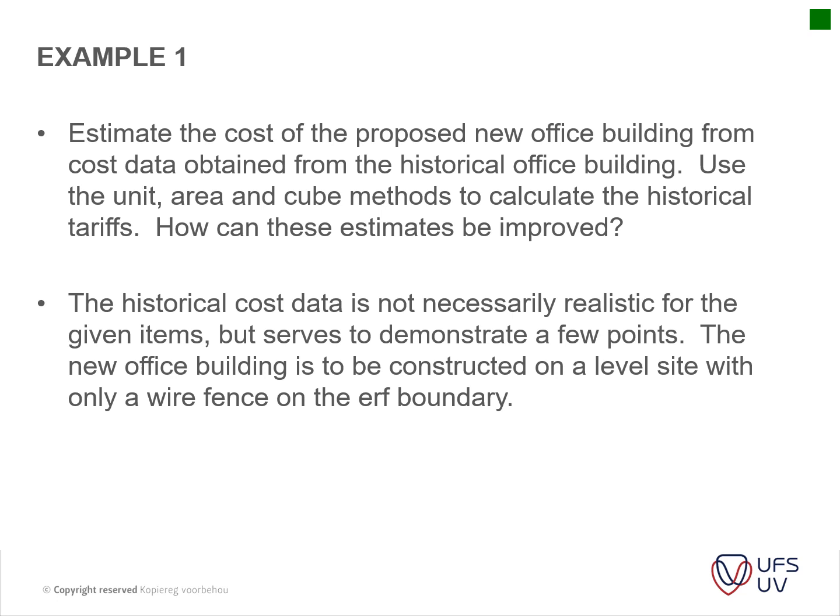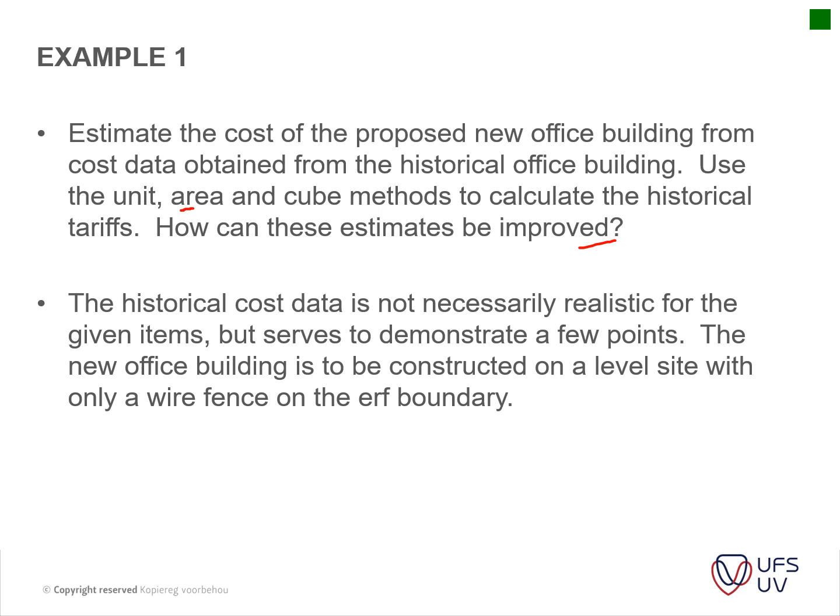Estimate the cost of the proposed new office building from the cost data obtained from the historical office building. Use the unit, area, and cube methods to calculate the historical tariffs. How can these estimates be improved? We're going to do this question in a second part, but we're going to look at the basics for now.